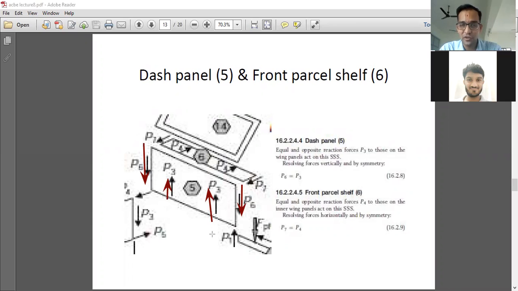The joints between 3, 4 and 5 and the floor panel should be designed in such a way that the loads in vertical upward and downward direction are in equilibrium in member number 5. In similar manner, for the front parcel shelf, the loads generated in this component should be balanced, or in equilibrium, to maintain the strength of the component without deformation.